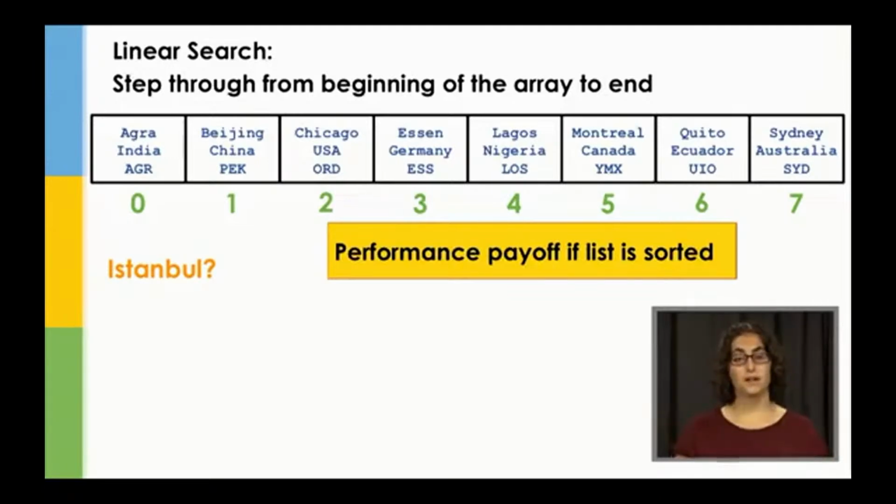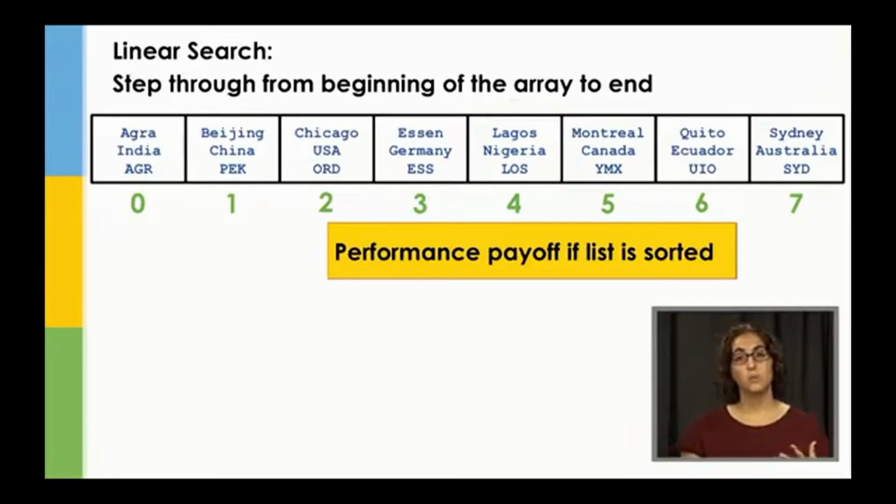But if we know that our array is sorted, we actually could have stopped a little earlier when I paused, right? As soon as we got to Lagos, we noticed that Lagos starts with L, which is alphabetically after I in the alphabet. And so if Istanbul was in our array, it would have to happen before Lagos. And so we don't have to look at the rest of the elements in the array to know that Istanbul is missing from this collection of data.